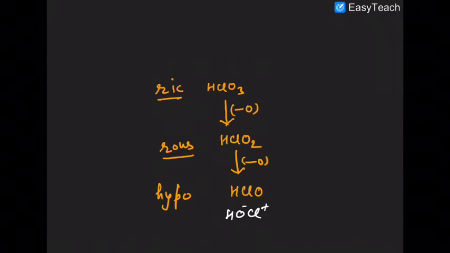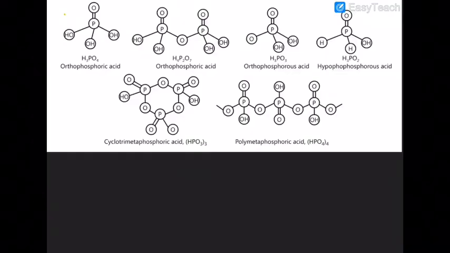But if to the ric acid, if you add one more oxygen, you will get perchloric acid. So that is also one of the understanding portions you have to give. So look at that. One is H3PO4.